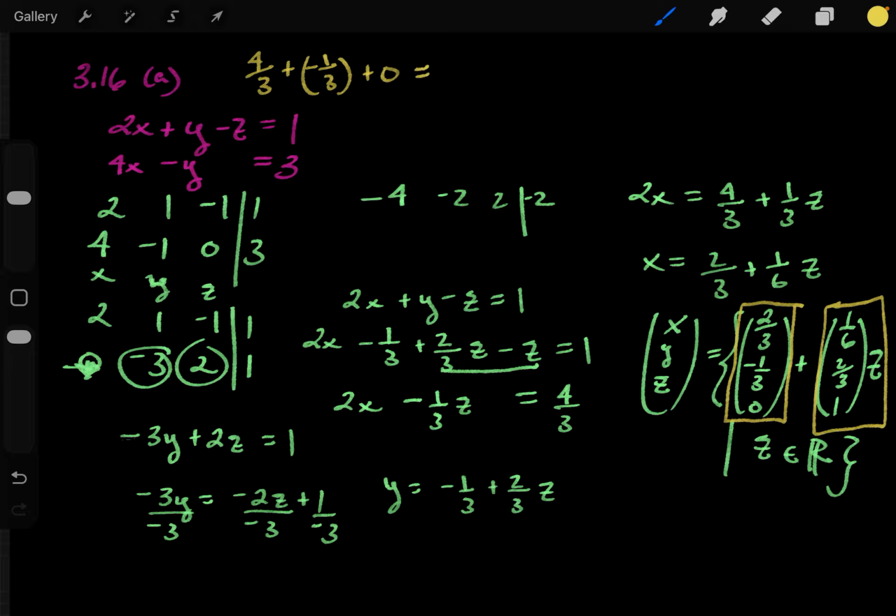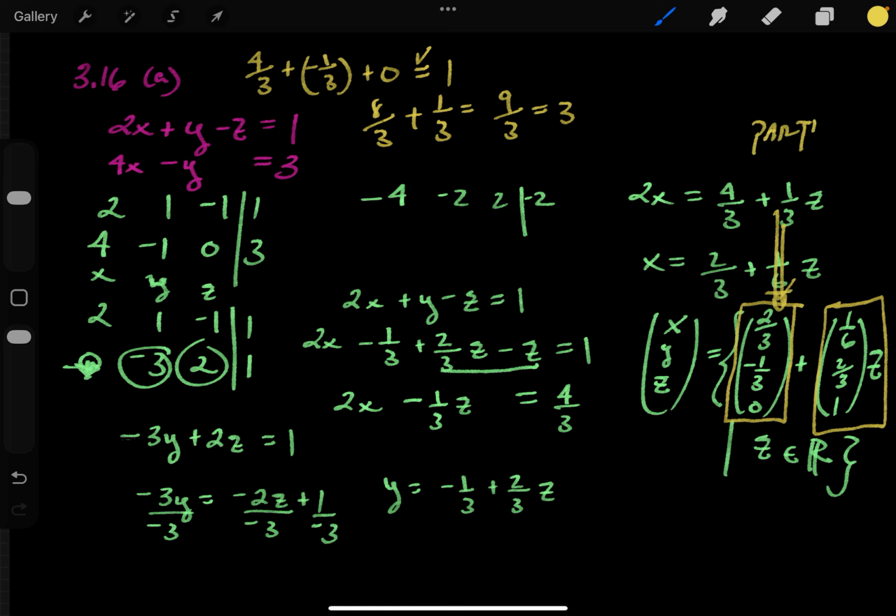And does it? Yeah, because this adds to 1. So this does equal 1, and then it works for the... Then now let's check the next equation. So 8/3 minus 1/3 minus negative 1/3 is 9/3, which thank God is 3. So this is indeed a particular solution. So that's what they were asking.